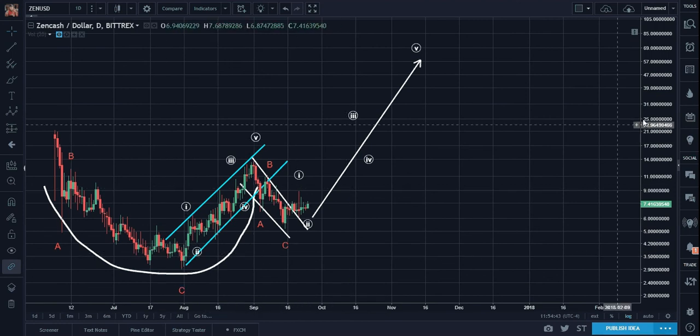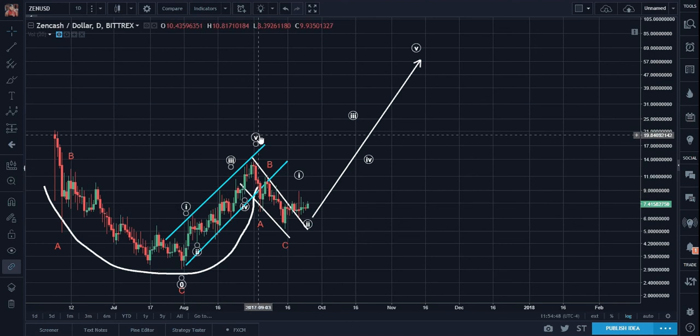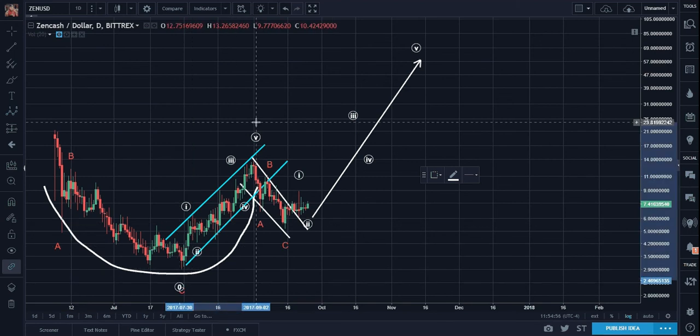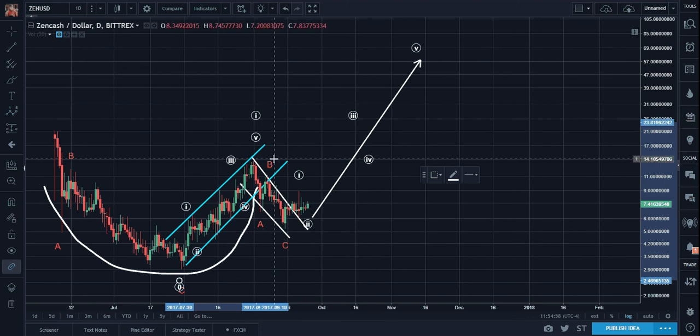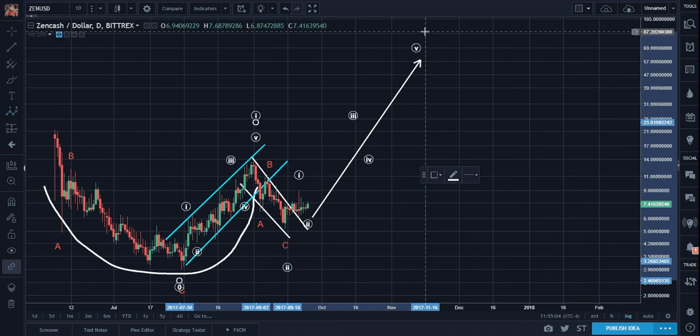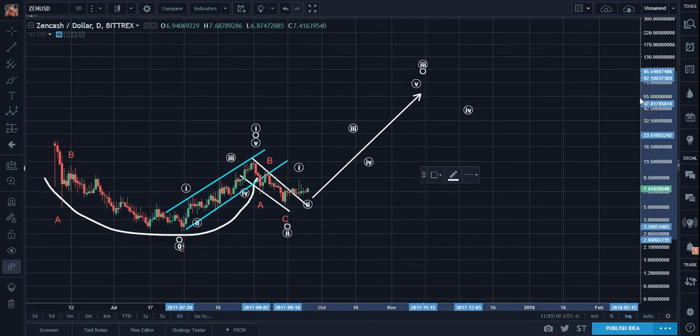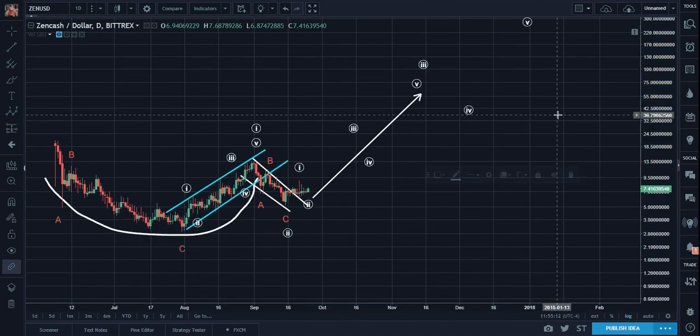These 5 waves will become subwaves of a higher degree wave 1. This ABC will become higher degree wave 2. These 5 waves will become subwaves to a higher degree wave 3, 4, 5.